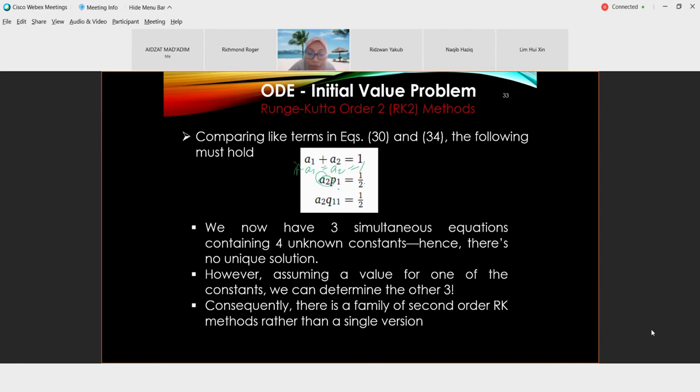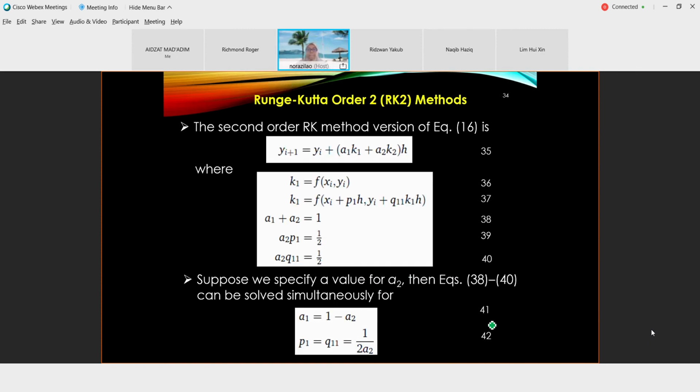We now have 3 simultaneous equations containing 4 unknown constants, hence there is no unique solution. However, by assuming a value for one of the constants, we can determine the other 3. Consequently, there is a family of second order Runge-Kutta methods rather than a single version, unlike first order Runge-Kutta. Therefore, in general, second order Runge-Kutta uses yi plus 1 equals yi plus a1k1 plus a2k2 multiplied by h.